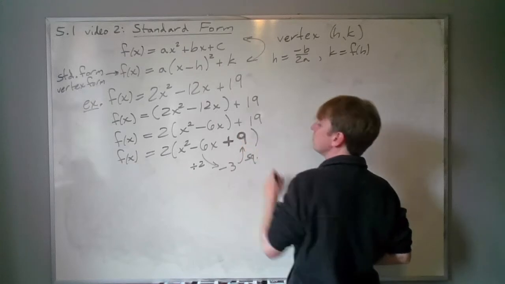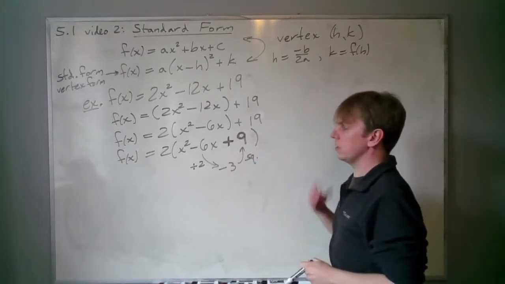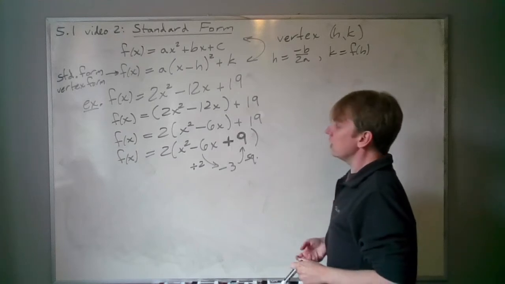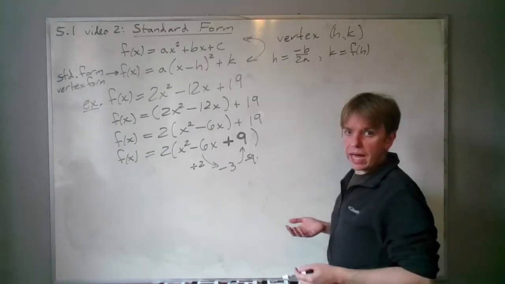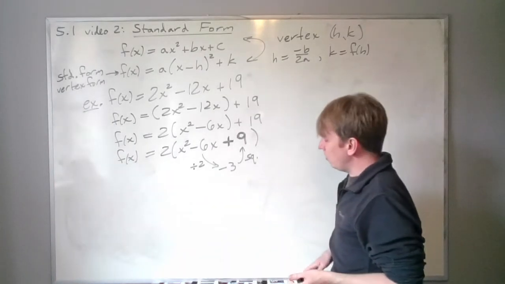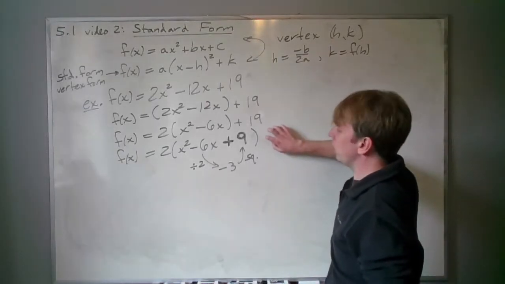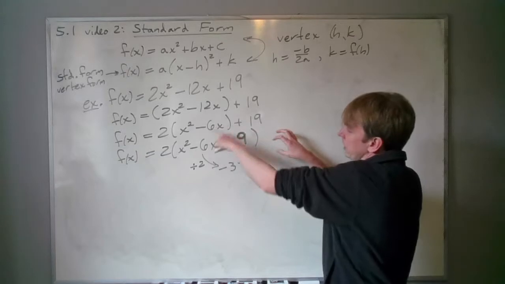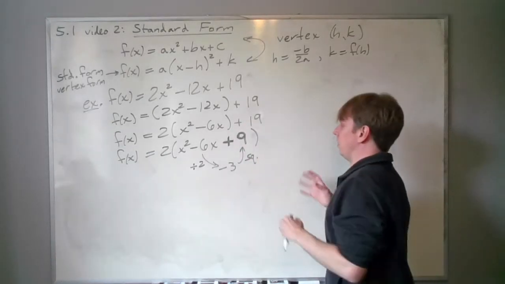Okay, so I would love to have 2x squared minus 6x plus 9 inside the parentheses. Slight issue, I'm not allowed to just add 9 whenever I want to. So, one way we can deal with this is to see what number should go here so that when I distribute, I get the same answer as the previous step. You can think about it that way if you want.